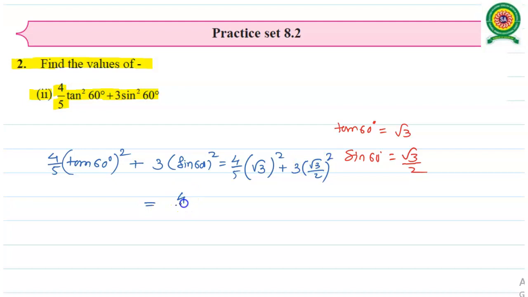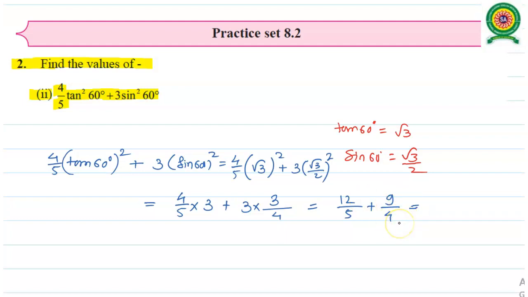So 4 by 5 times root 3 the whole square becomes 3, plus 3 times root 3 square we have 3 and 2 square we are getting 4. So 4 3s are 12 divided by 5 as it is, plus 3 3s are 9 divided by 4 as it is.